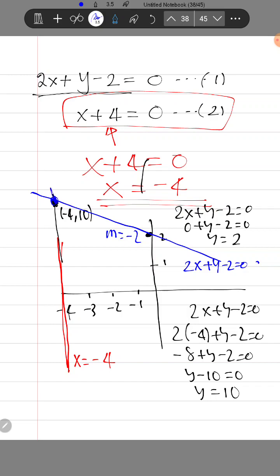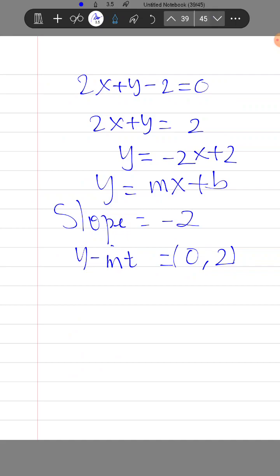So when x is equal to minus 4 and y is equal to 10, it is a point which is on both graphs. That means if you put these coordinates, they make both equations true. Let's check the graph. 2x plus y minus 2 is equal to 0 by minus 4, 10.